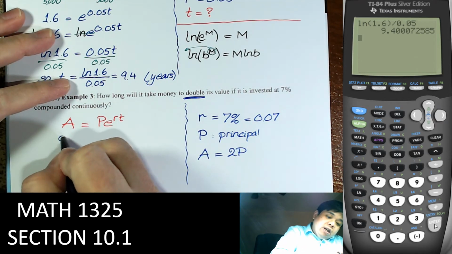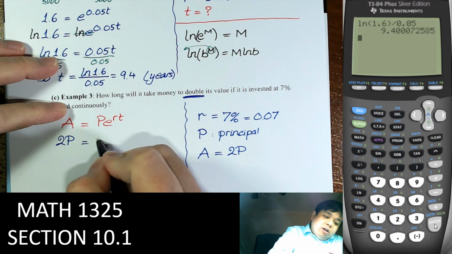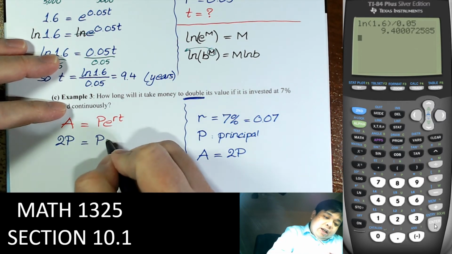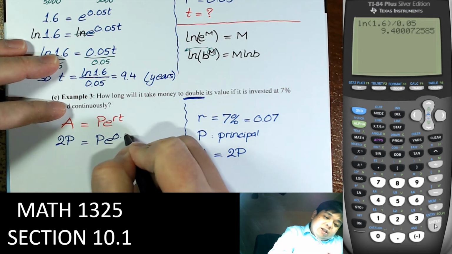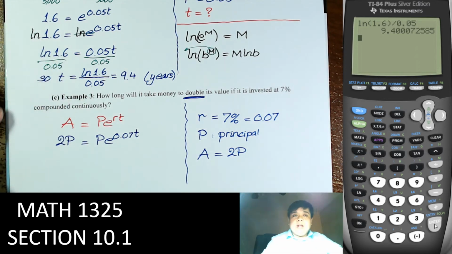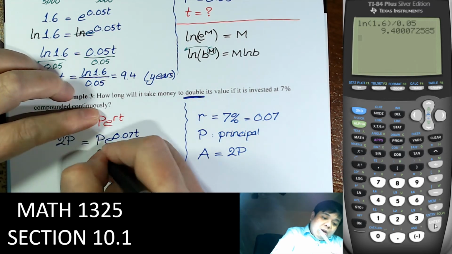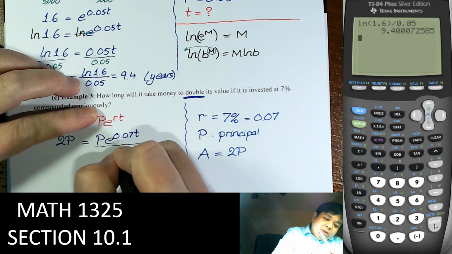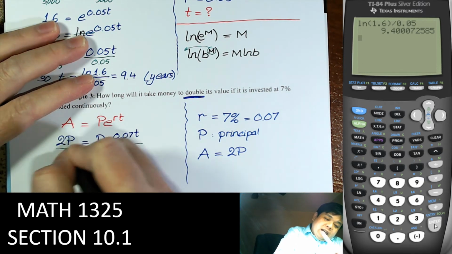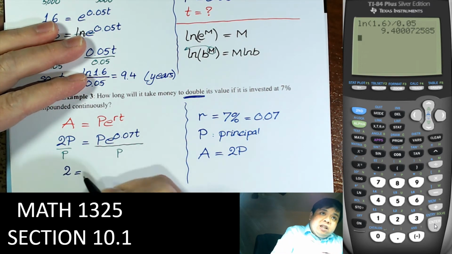We have 2P, the future value twice the principal, and then e, we know the rate, and t. Right. Now once again, we need to get the exponential term by itself, so we divide by P. So in this problem it doesn't matter what the investment is, it cancels out, and the equation does not depend on P.